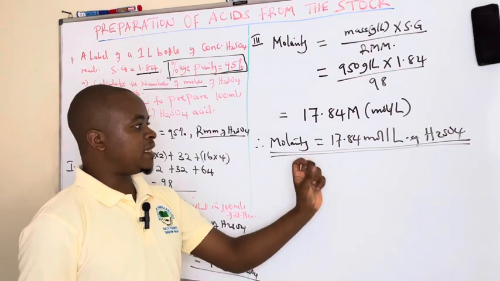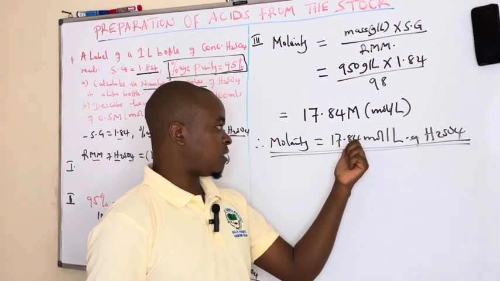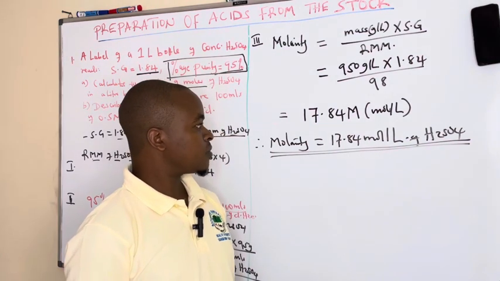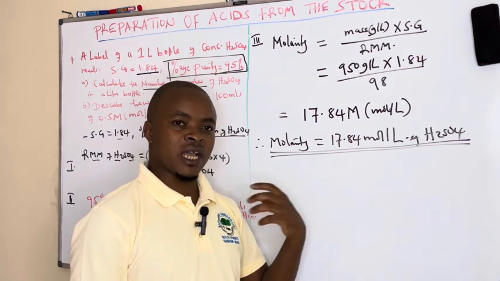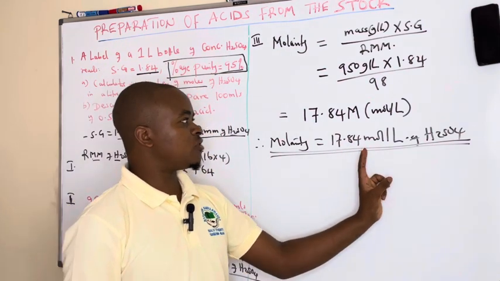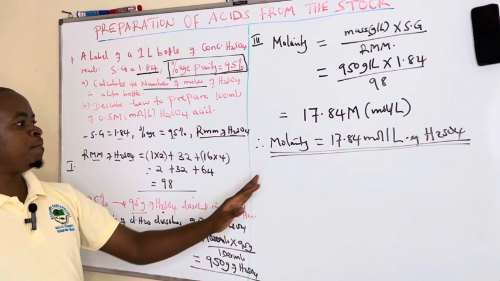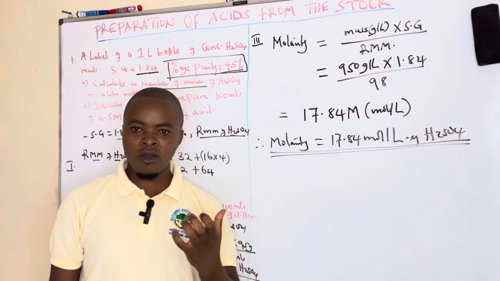This is going to act as our original concentration of the stock, after using the percentage purity to get 17.84 molar.